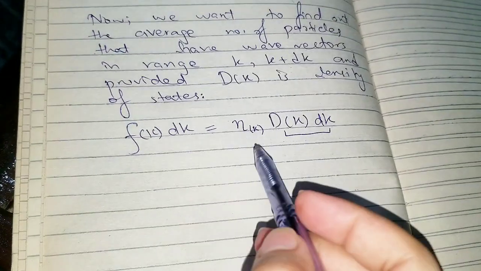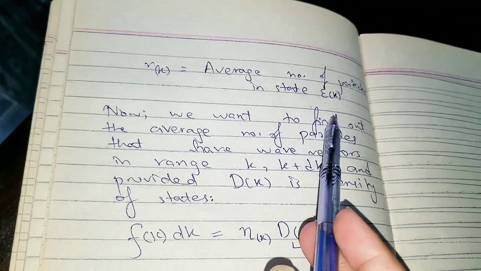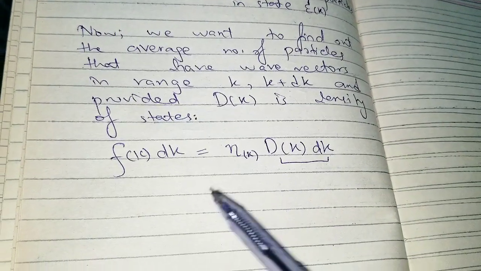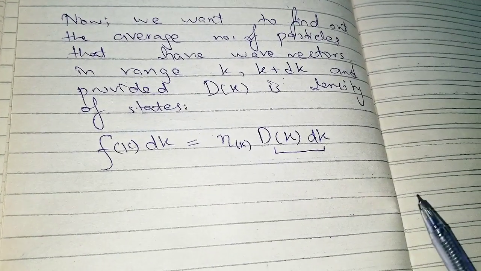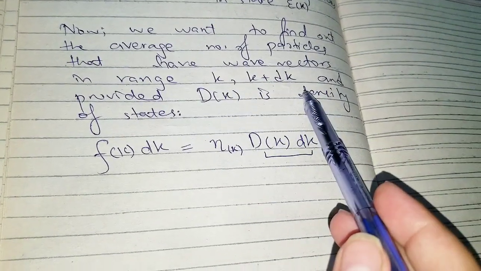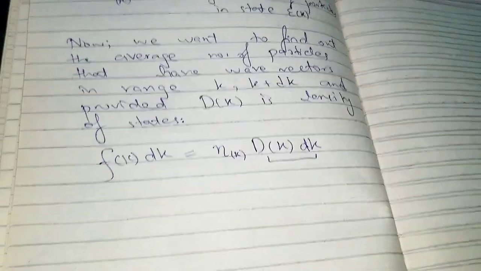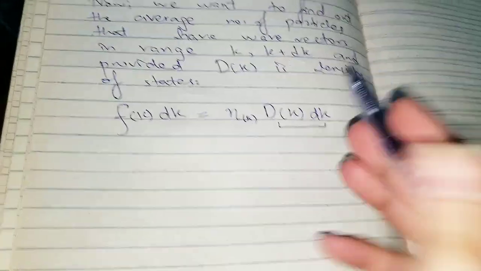And n of k gives us the average number of particles that can occupy the state E of k. So the product will give us the number of particles that lie in the wave vector interval k and k plus dk, such that D of k is the available number of states for the system of classical gas.